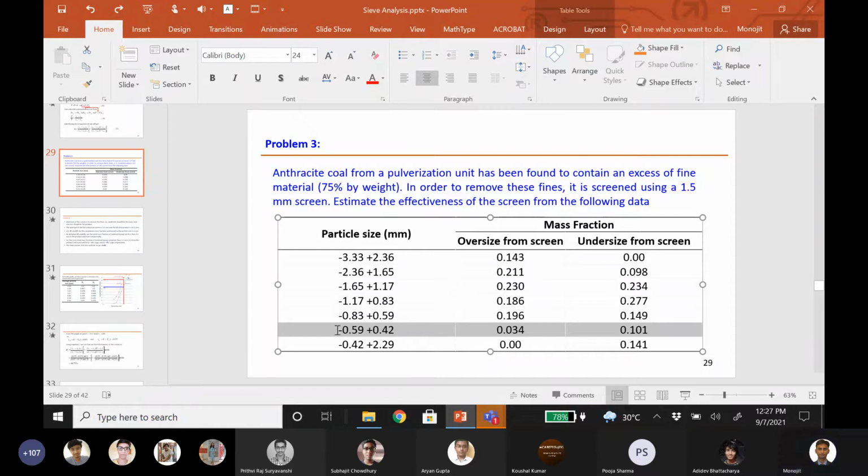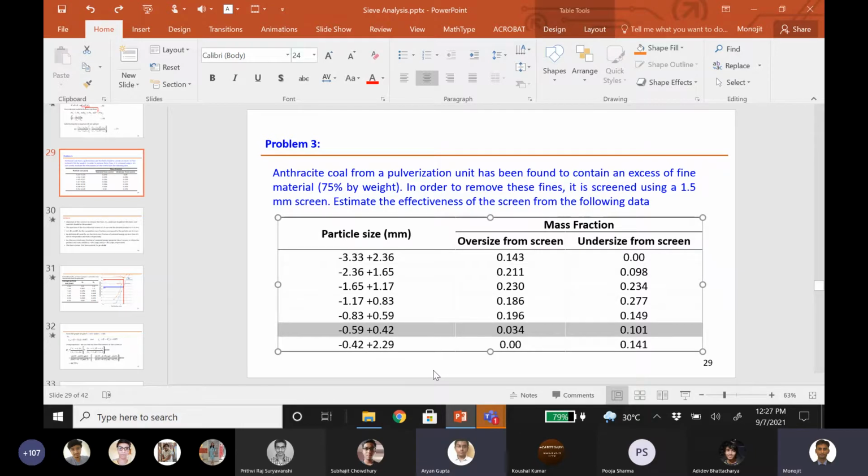Right? Does that make sense? Like if I'm talking about this screen, it has a mesh or an opening such that all the particles retained on this screen are smaller than 0.59. That is how it is presented here. Yeah, any question?